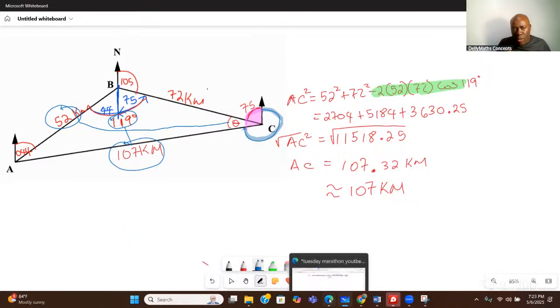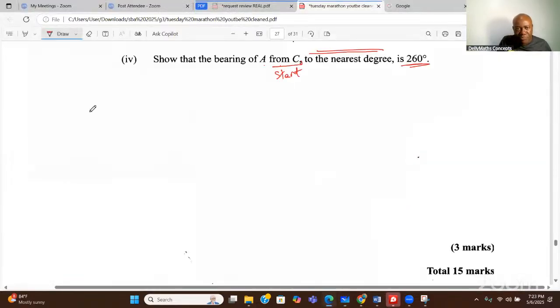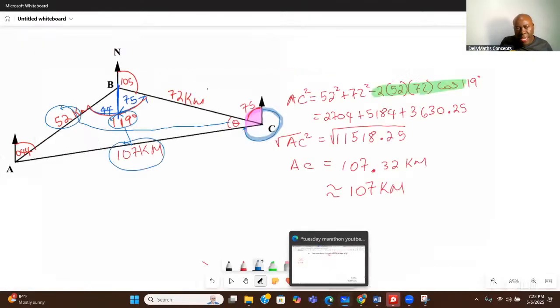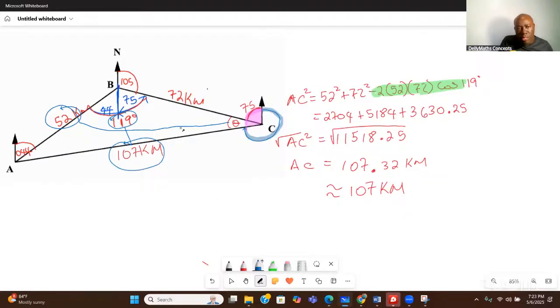In other words, what am I saying? I could take 107 divided by the sine of 119, and it's going to equal 52 over the sine of the angle. I'm just going to call it theta, the angle that I want.